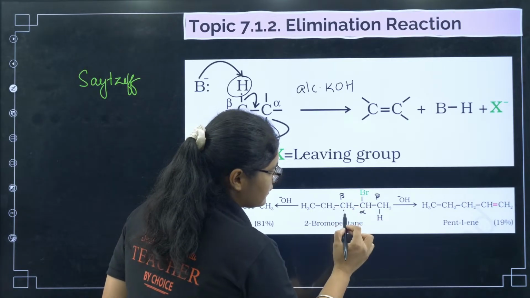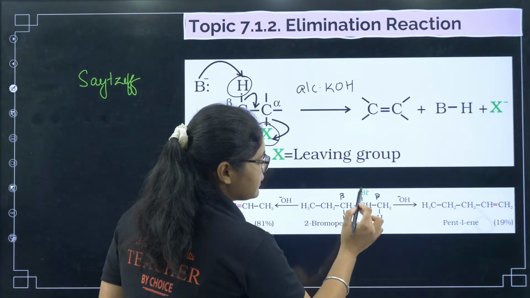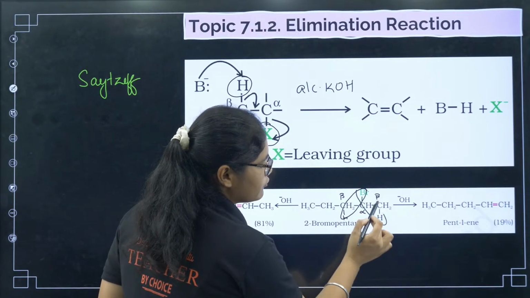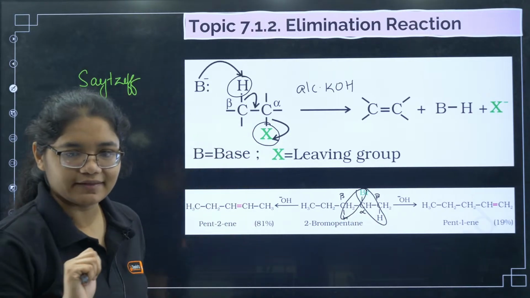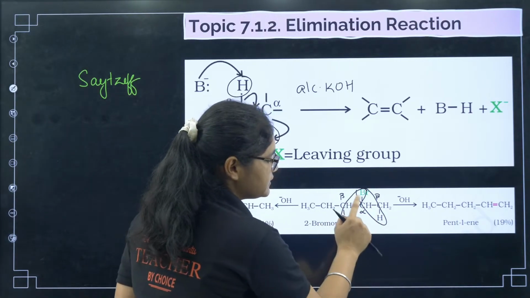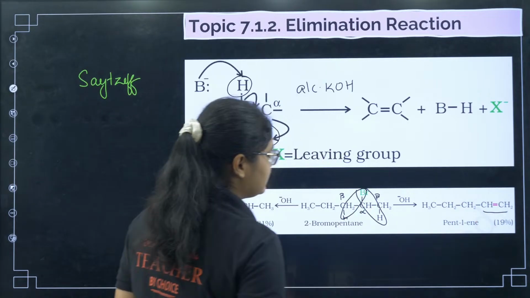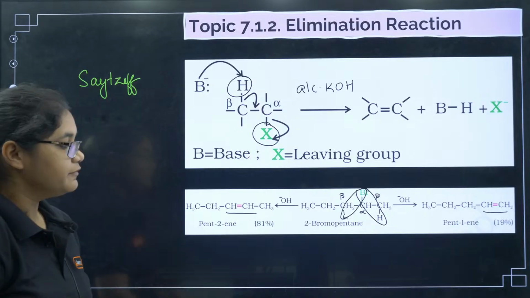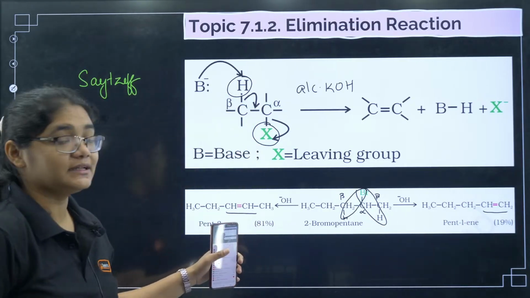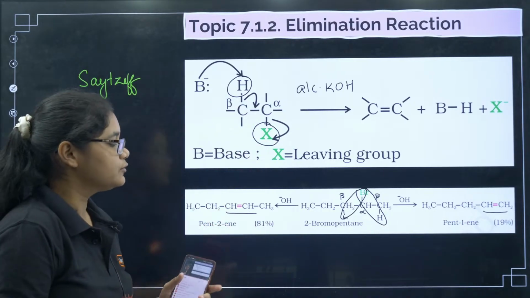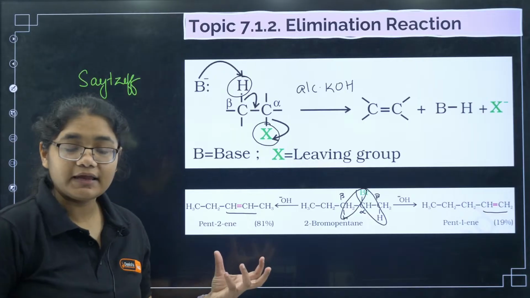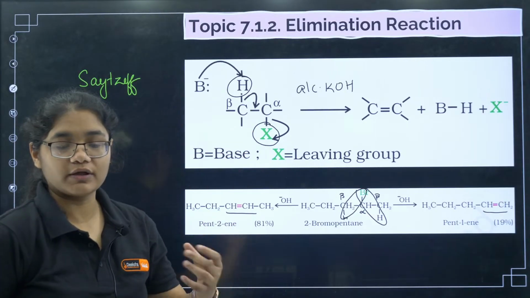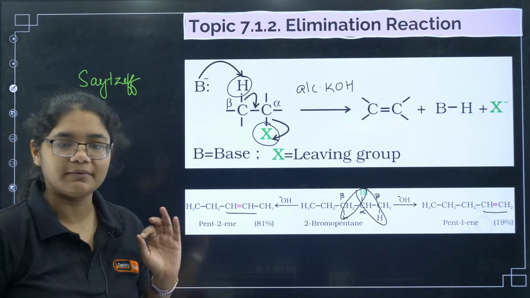You have an H here also, so you can remove this HBr or this HBr. Both possibilities are there. If I remove this HBr, I will get this alkene, and if I remove the other HBr, I will get that alkene, which is 19% and this one is 81%. This rule says that the alkene which is more substituted is the major product.